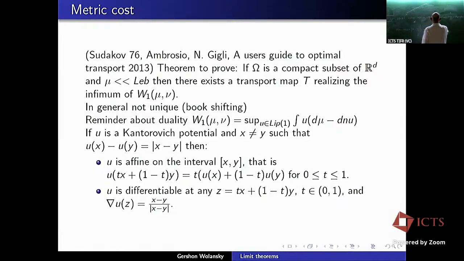So uy minus uy1, because u is Lipschitz 1, is smaller equal to y minus y1. And this is smaller equal than y1 minus x1. And this is smaller equal than x1 minus x, absolute value.